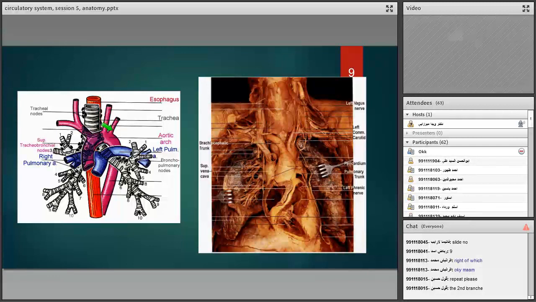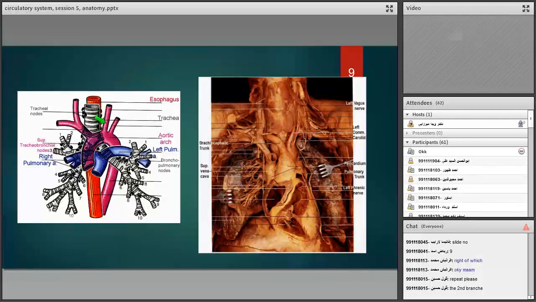Okay, I will repeat the branches. I said that the aortic arc has 3 branches. The first one is in the right side of the mid-sagittal plane and is the brachiocephalic trunk.